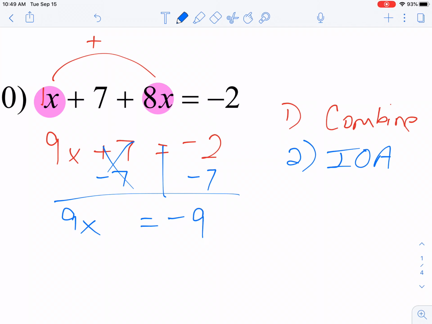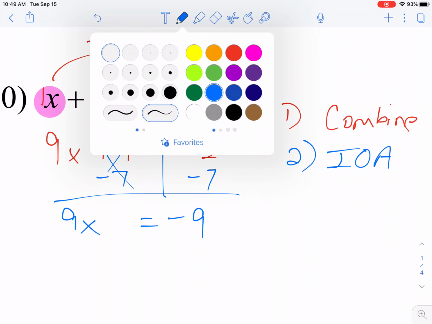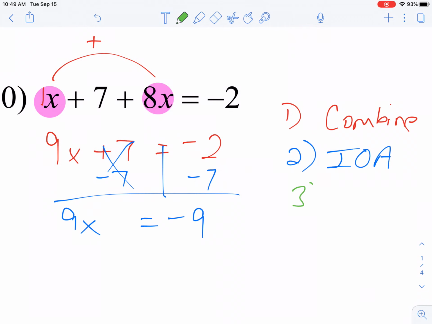My third and final step is to do the inverse of multiplication. And so I'm going to divide by 9 on both sides. 9 divided by 9 is x, or it's going to cancel. And then negative 9 divided by 9 is negative 1.